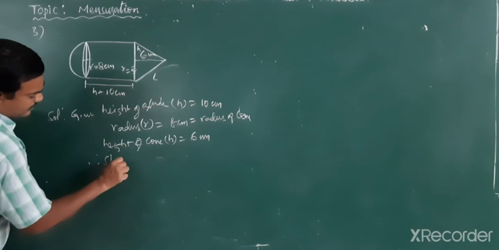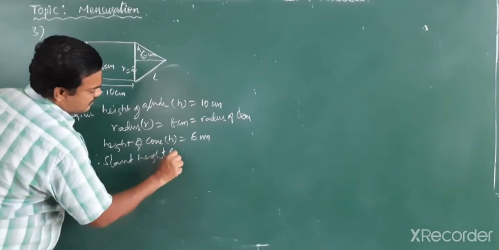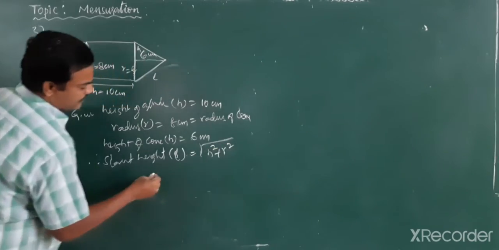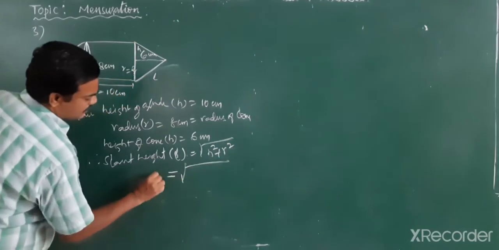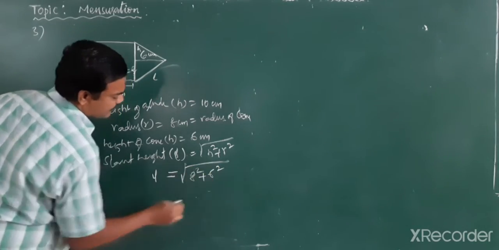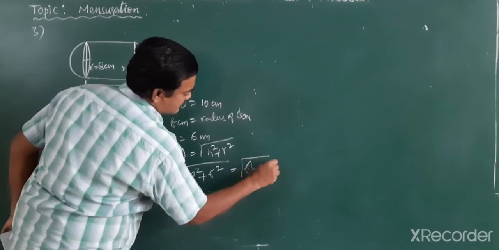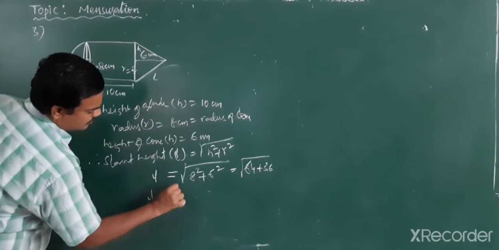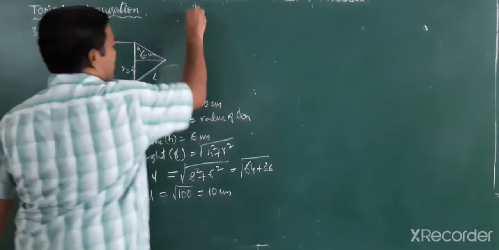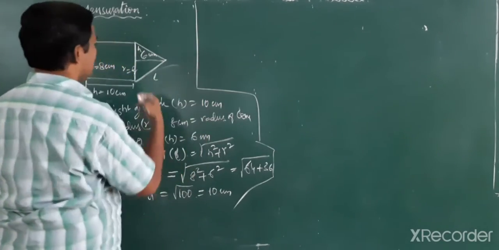Therefore the slant height L is equal to root of H square plus R square, which is root of 8 square plus 6 square, so root of 64 plus 36. Therefore L is root 100, that is 10 centimeters. So we have the slant height of the cone.